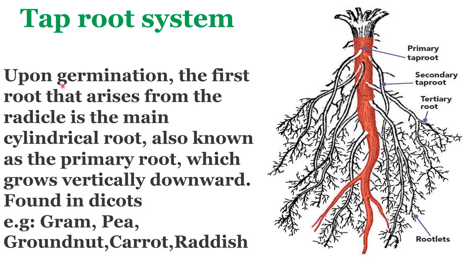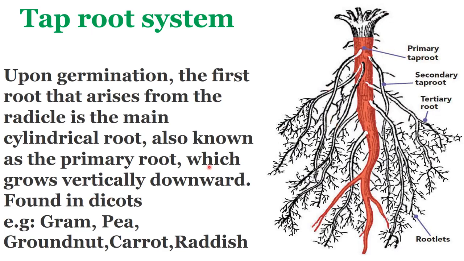So upon germination of the seed, the first root that arises from the radicle is the main cylindrical root, and that is called the primary root, as you can see here. This is arising from the radicle part of the seed after germination. So this is the primary root, the primary taproot, you can say.